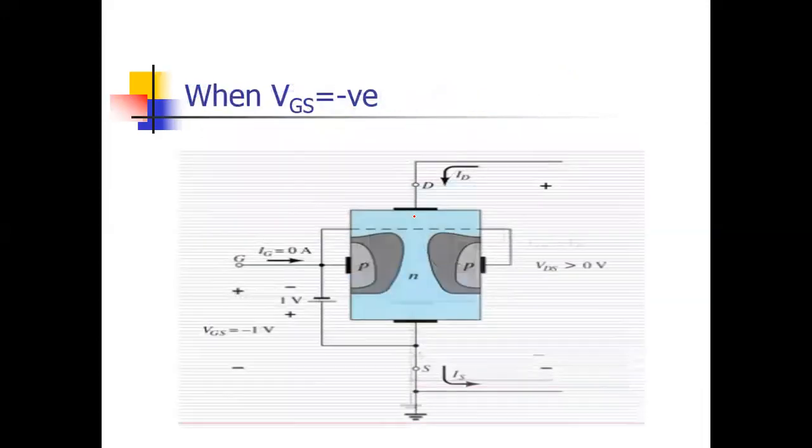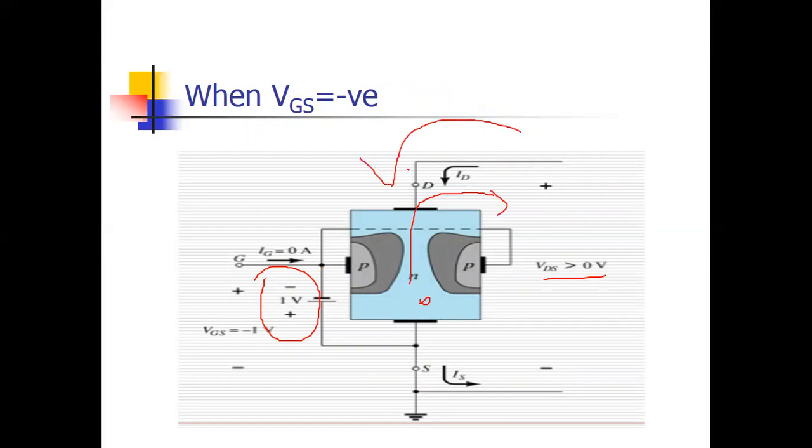Okay. So now the next question is, what happens when we apply negative voltage at the gate side? This is now fixed, some positive voltage here, but negative voltage here. Due to this positive voltage, electrons definitely will be attracted to this side and current flows from drain to source as usual.